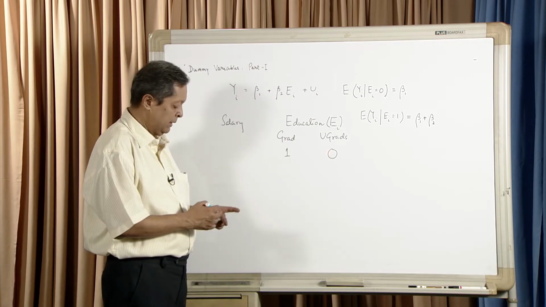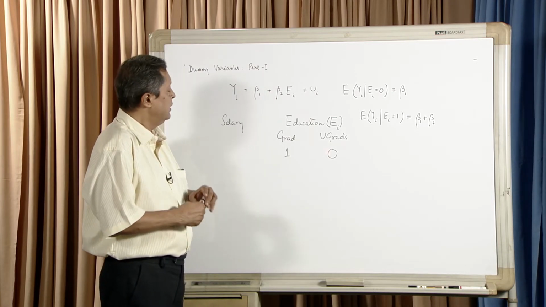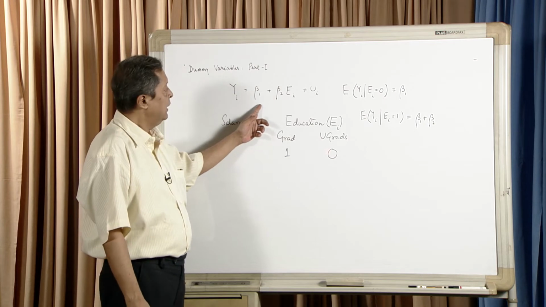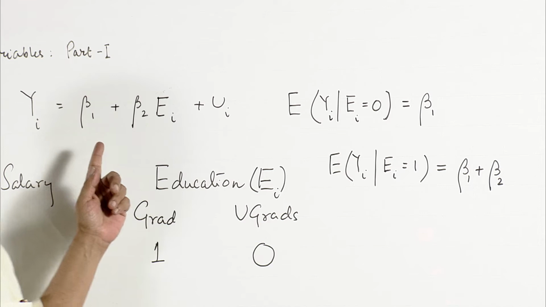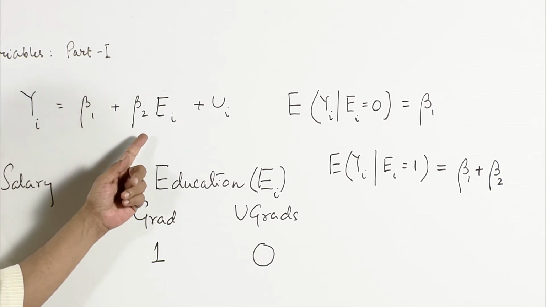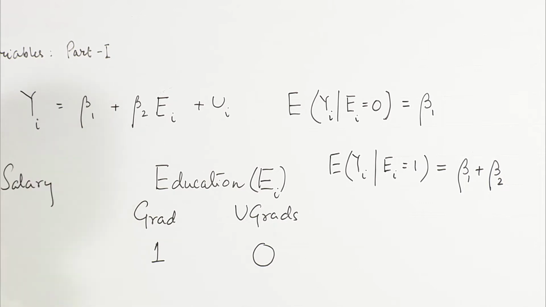If an employee is an undergraduate, the mean salary is beta 1. If the employee is a graduate, then the mean salary is beta 1 plus beta 2. So, what is beta 2? It is the differential or incremental effect of being a graduate. It is the differential or incremental effect on the salary because the concerned person is a graduate.